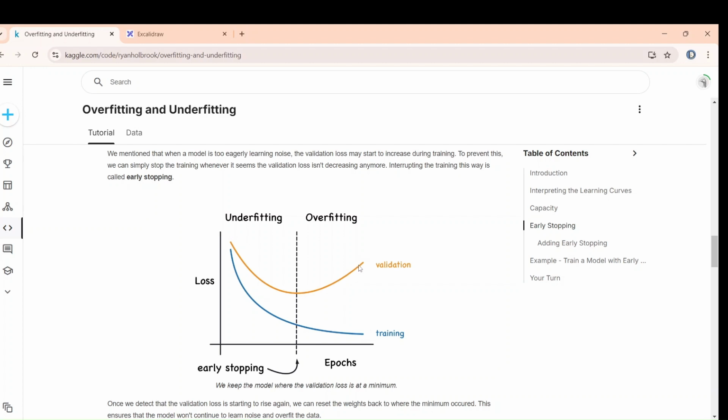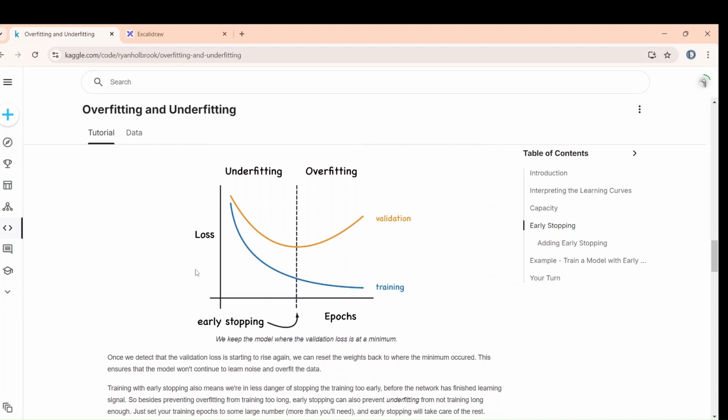Your model cannot see these data points. So it is not performing well. The loss is not getting reduced. Though it may seem that it is performing well, it is not actually performing well on the unseen data. So after we have reached the minimum validation loss, we can stop training.